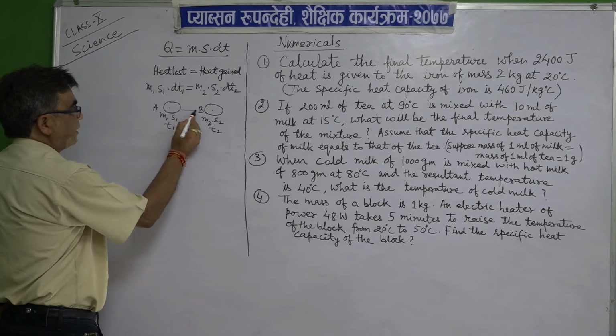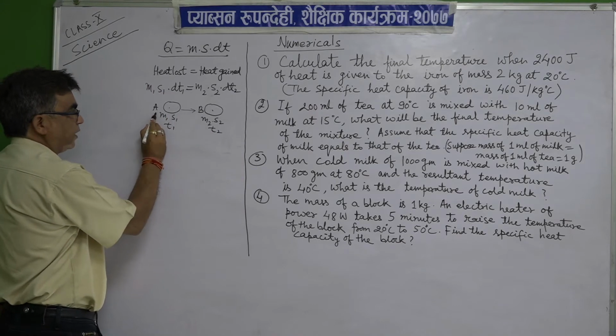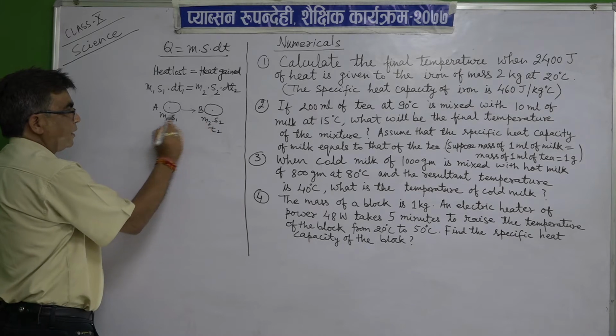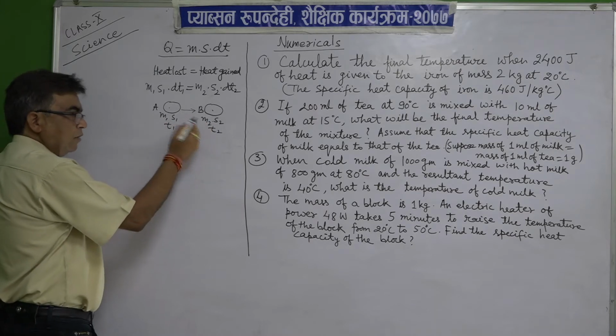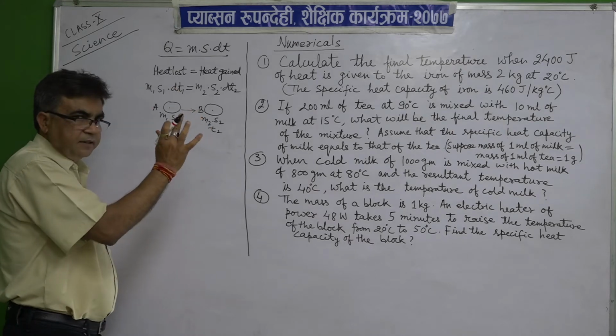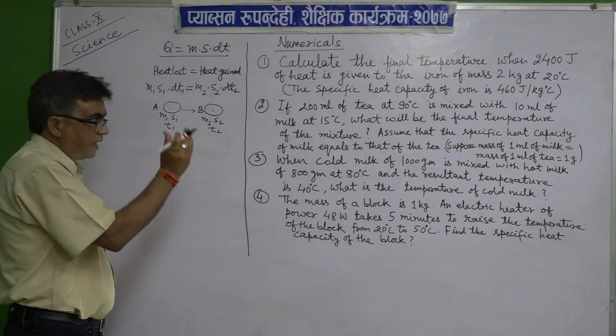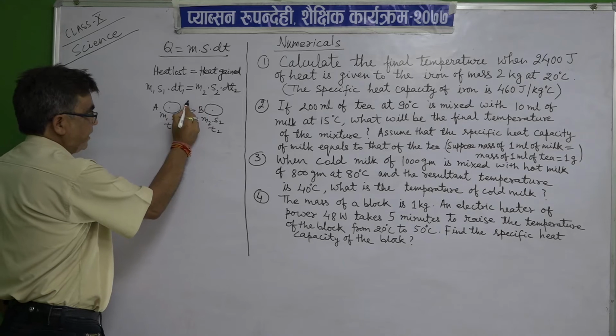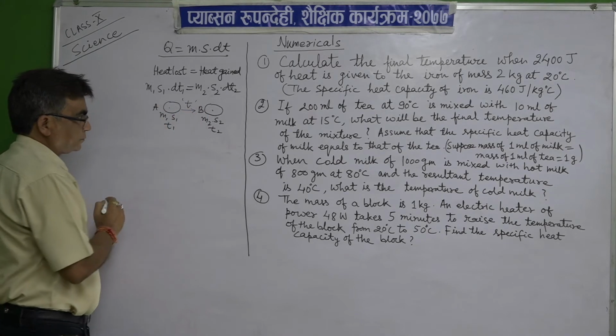Heat will start flowing from body A towards body B till they attain the same temperature. That means the final temperature becomes the same. Suppose that final temperature is T.